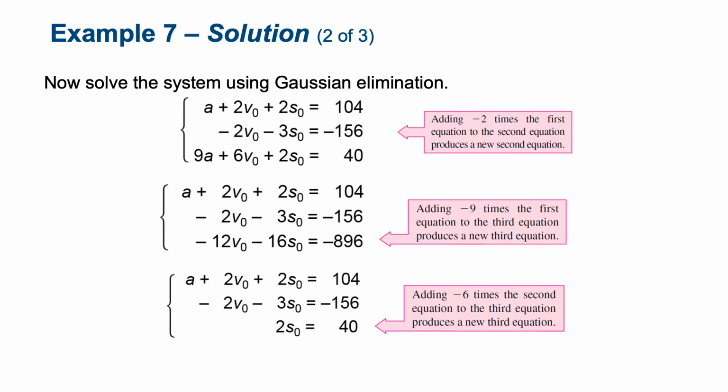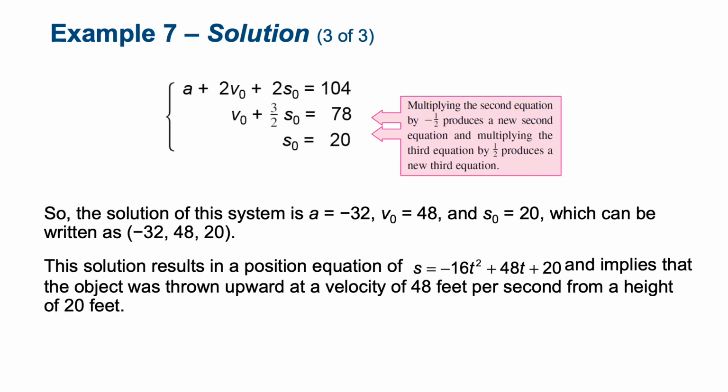Then we take the second equation, negative 2v naught minus 3s naught equals negative 156, and we multiply it by negative 6 and add it to the third, you would finally get 2s naught is equal to 40. So that gives us s naught, or s sub 0, I guess.